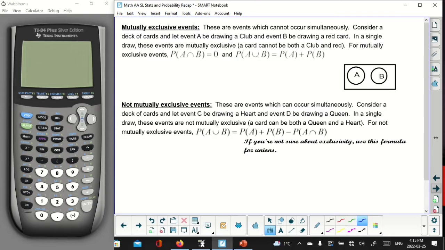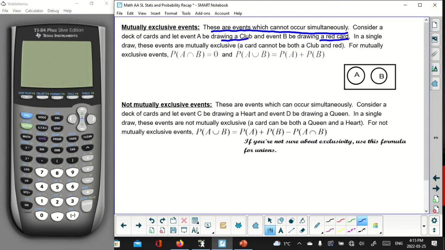Moving on to some more terminology. We're looking at mutually exclusive and not mutually exclusive events. If events are mutually exclusive, they cannot occur simultaneously. Think about it: if you're dating someone exclusively, it's only that one person. So consider a deck of cards where A is drawing a club and B is drawing a red card.